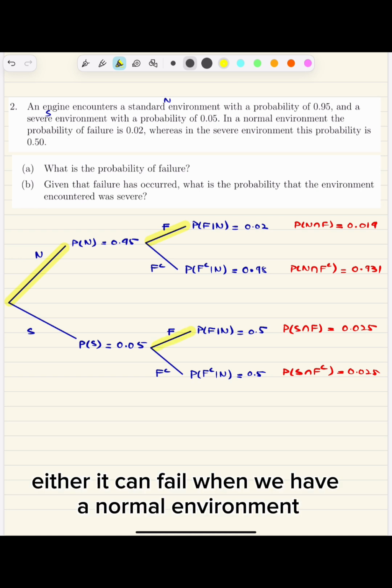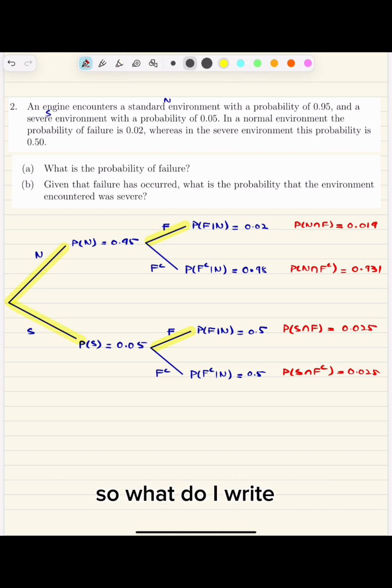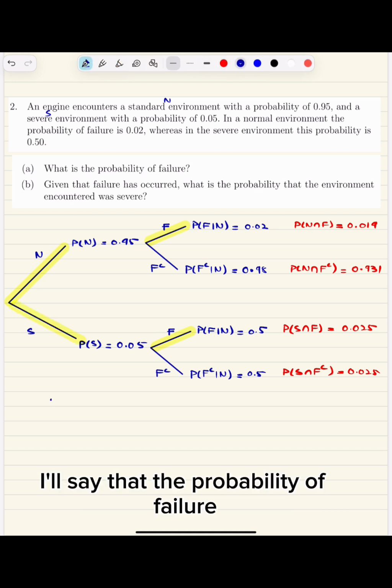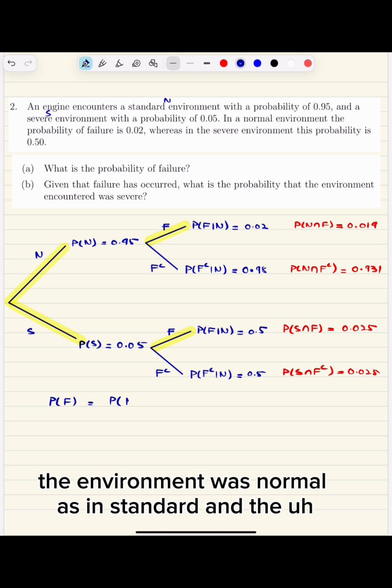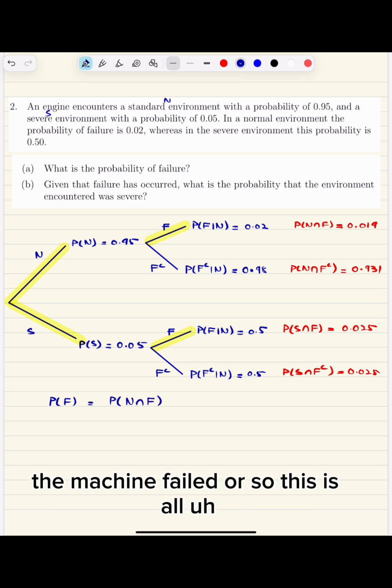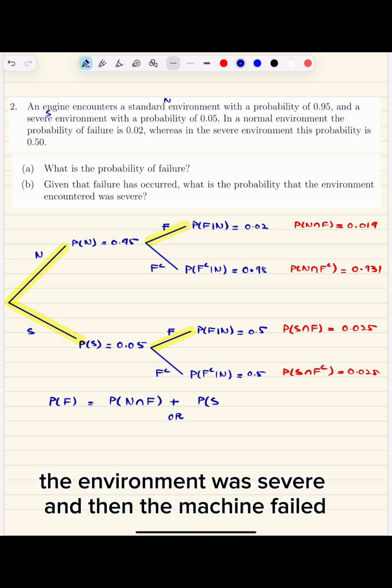So I'll say the probability of failure is that the environment was normal, as in standard, and the machine failed, or the environment was severe and then the machine failed.